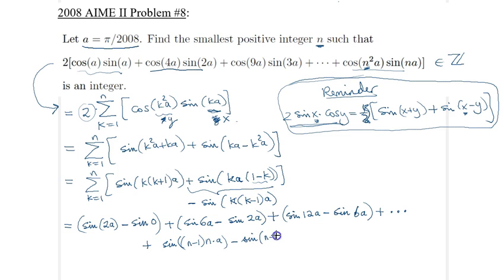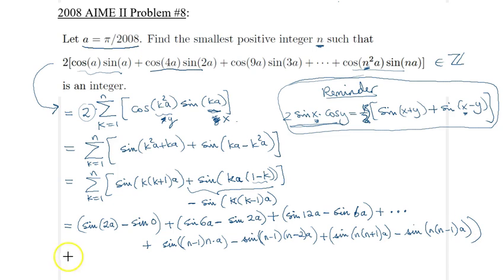And finally, another plus, and now I can plug in n here, so I'll get sine of n times n plus 1 times a, minus sine of, and plugging in n again, I'll get n times n minus 1 times a here. And I think I need one more bracket here.